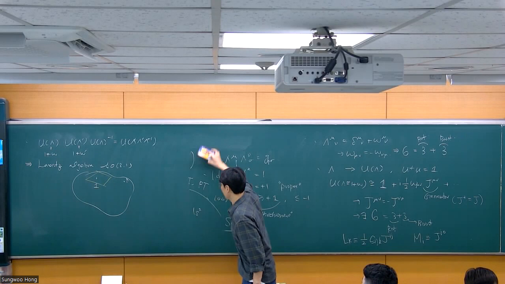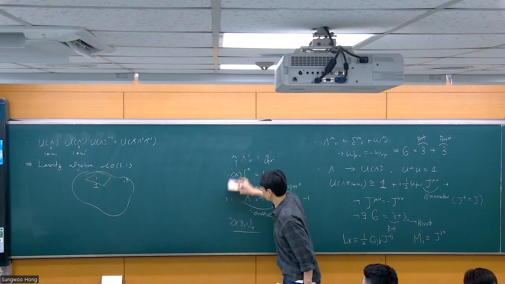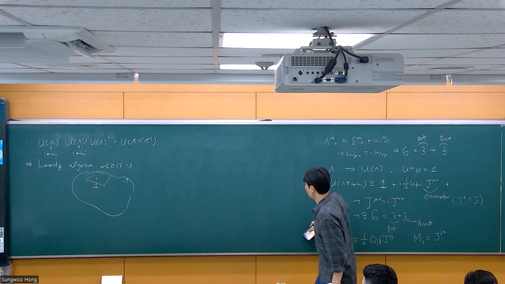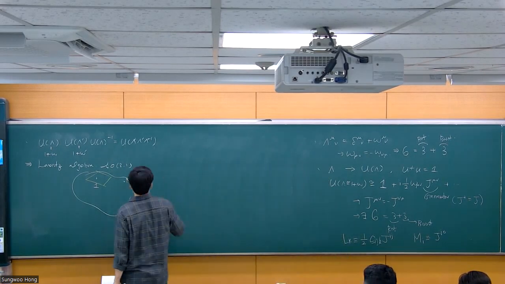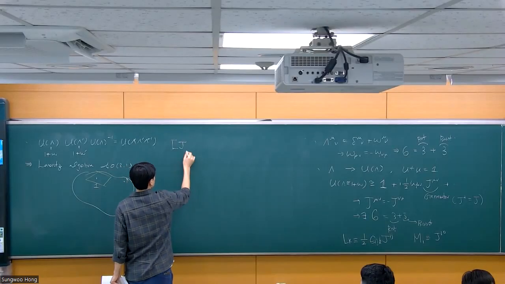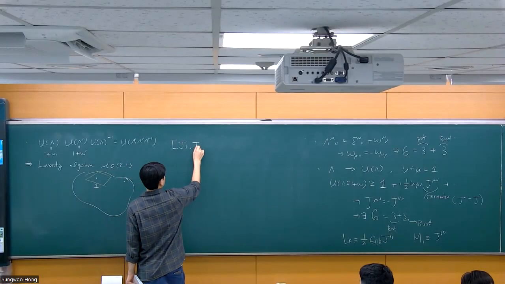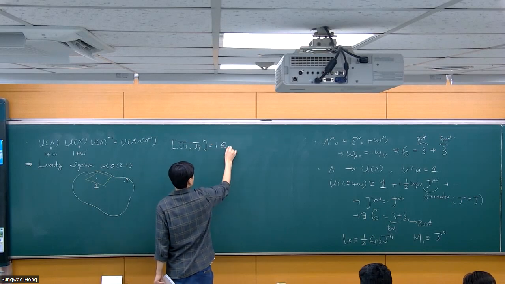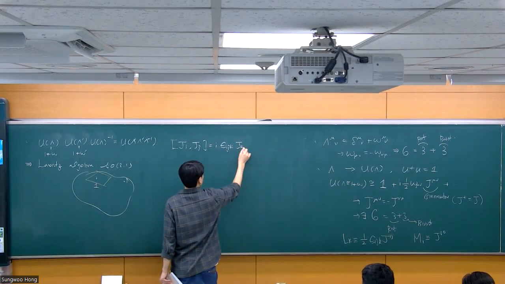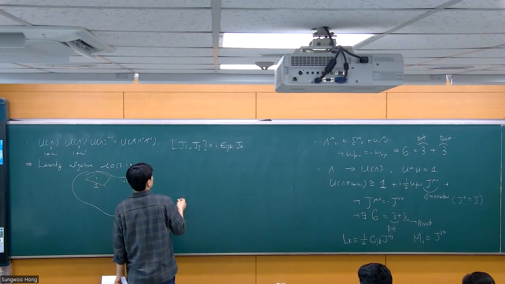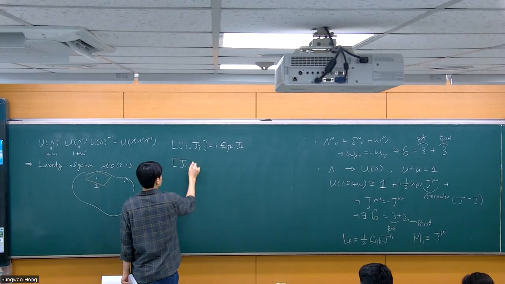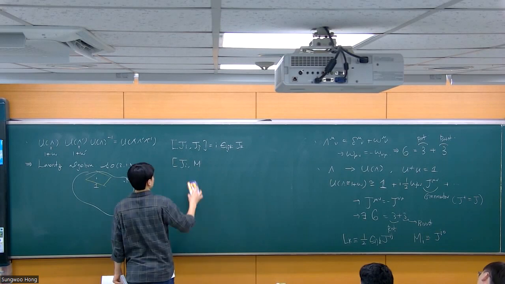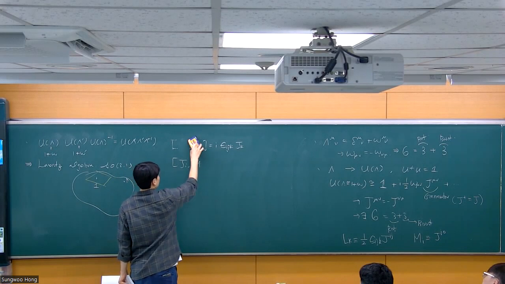We have studied that. Then you can derive J_i, J_j equals i epsilon_ijk J_k. So that's for the J, the rotation. And then, okay, I'm already messing up the notation, right? Very quickly.